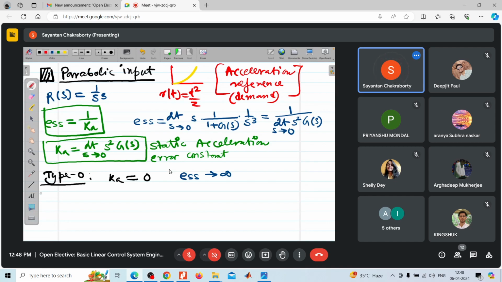Next, type 1 system. Here also Ka will be equal to 0, because there is only one s in the denominator, so s will be there in the numerator, and ESS is infinity. The type 1 system also cannot follow a constant acceleration demand.